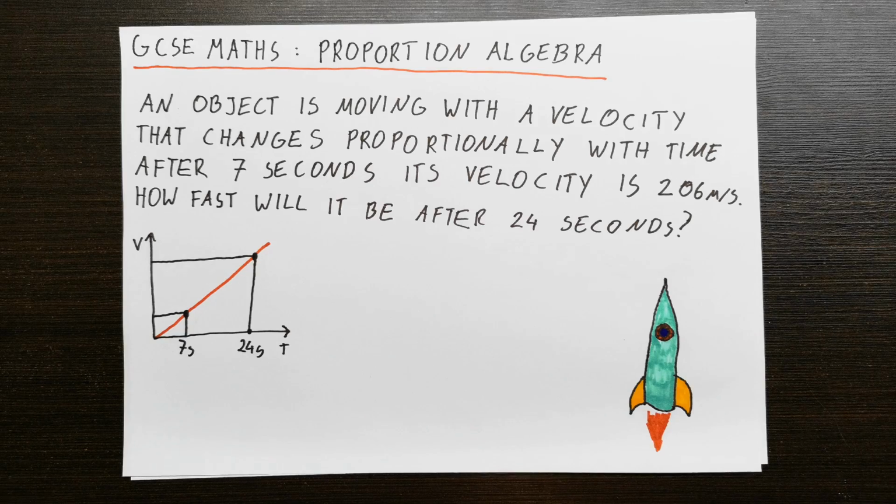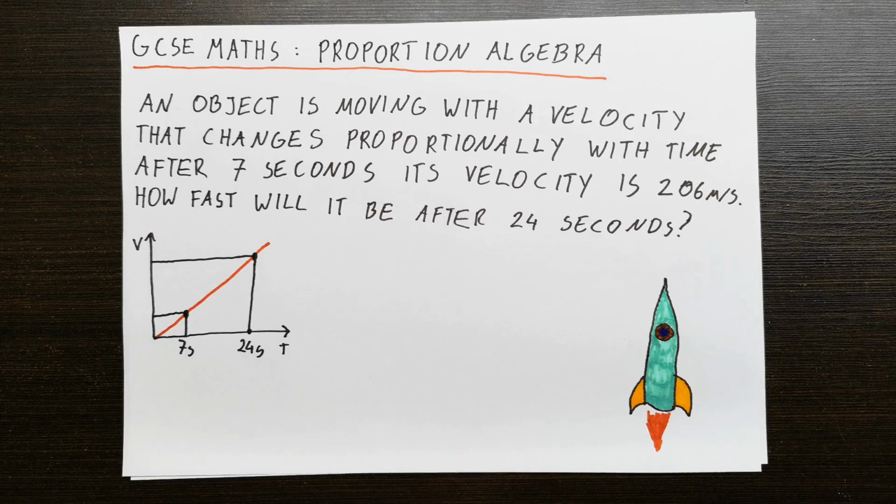So we have an object that moves with a certain speed, and we know that at 7 seconds it is going 206 meters per second. We just need to find out the velocity of the object after 24 seconds. Now, we also know that this change is proportional.